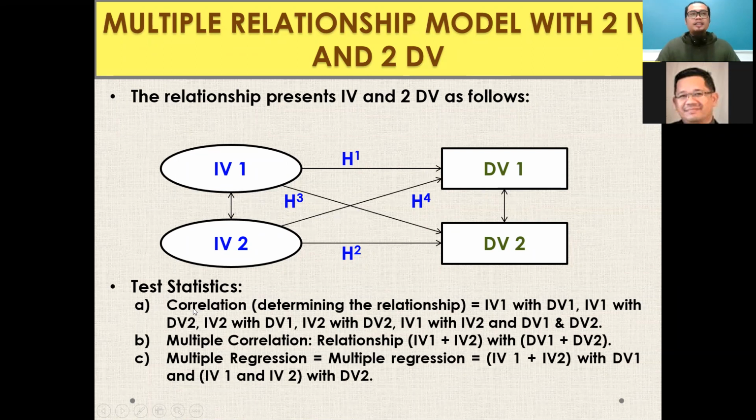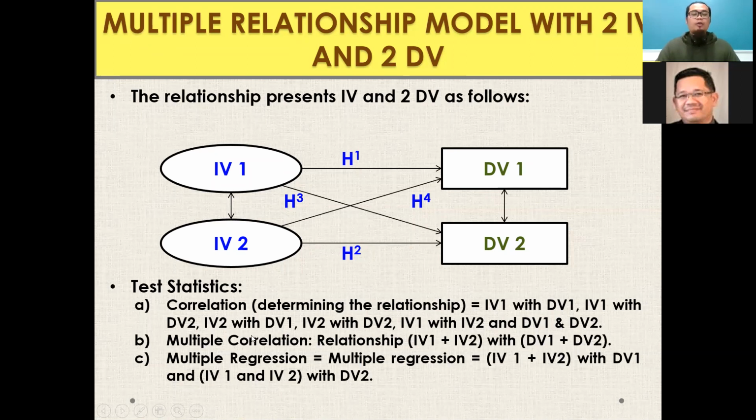So correlation determines the relationship of IV1 with DV1 and DV2, IV2 with DV1 and DV2, and also IV1 with IV2 and DV1 with DV2. Multiple correlation can also be applied by measuring the relationship of combined IV1 plus IV2 with the combination of dependent variables DV1 plus DV2.